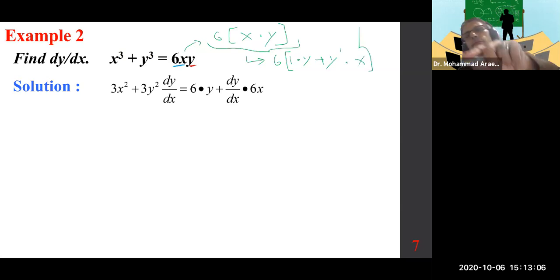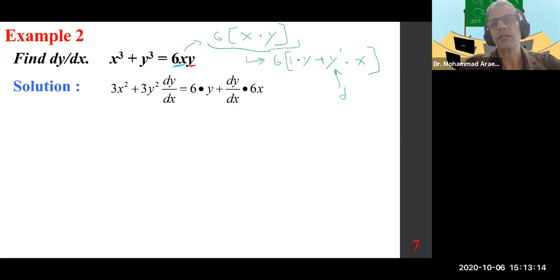And by the way, y prime is the same as dy dx. One may find it easier to write that way. It is absolutely your choice.